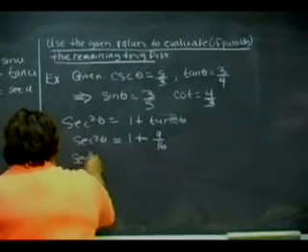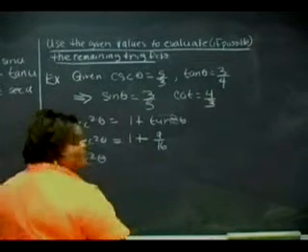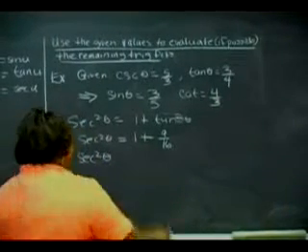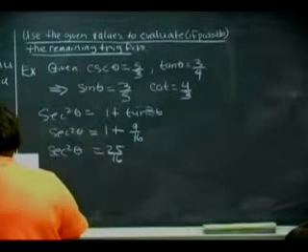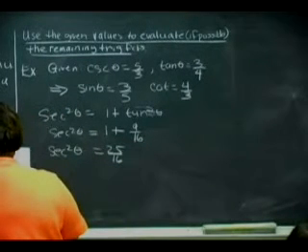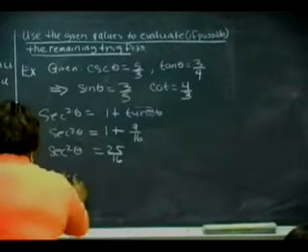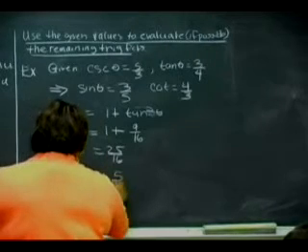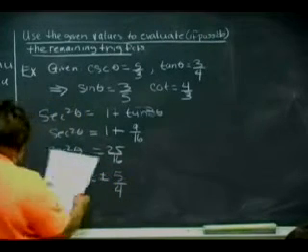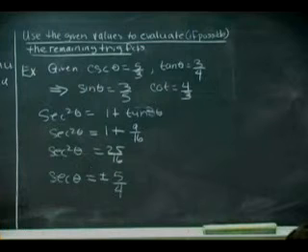And 1, which is 16/16, plus 9/16 is 25/16, which makes secant theta plus or minus the square root of this, 5/4. Well, how do I know whether to take the positive or the negative? How do I know?